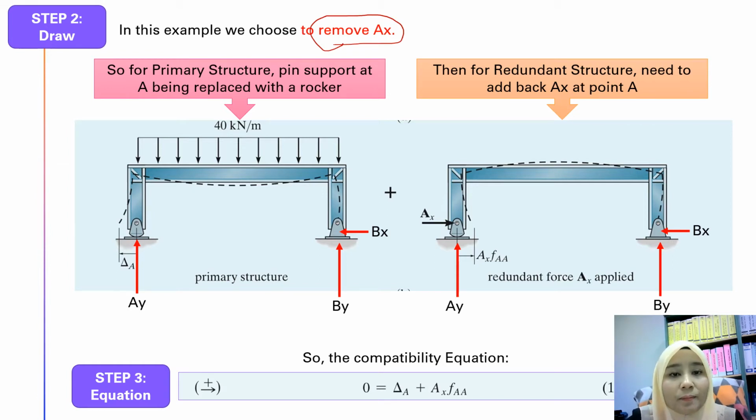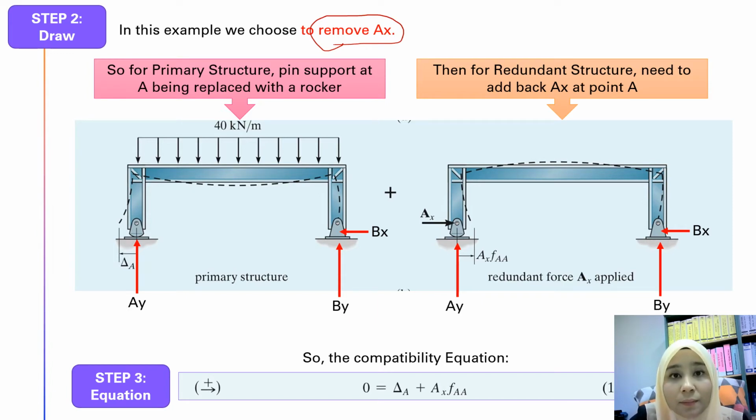Okay. For the primary structure, the pin support at A is replaced with a rocker. If you want to remove the horizontal reaction, then you replace the pin with a rocker. Before this one was a pin, and now we replace it with a rocker, so we only have AY, we don't have AX anymore.